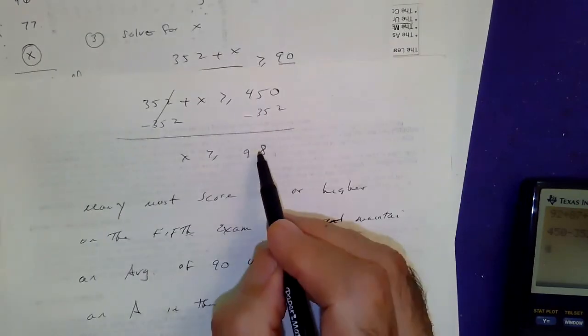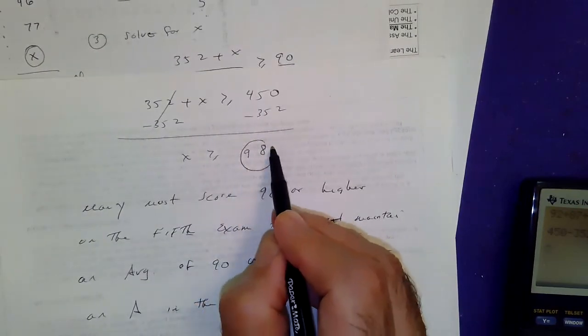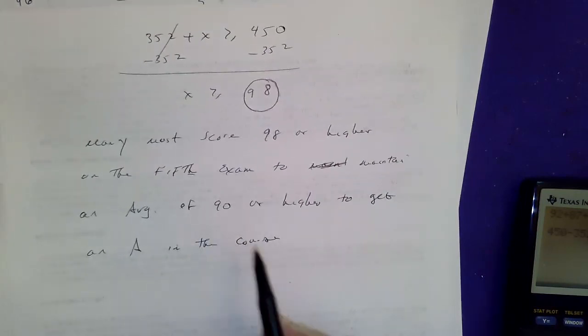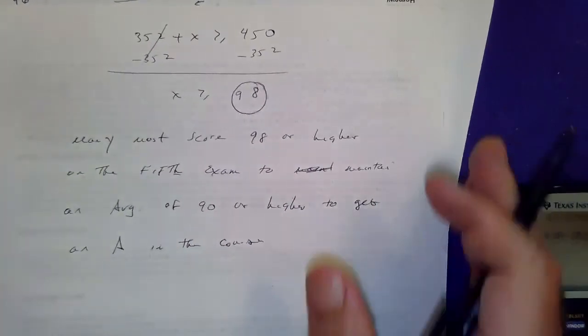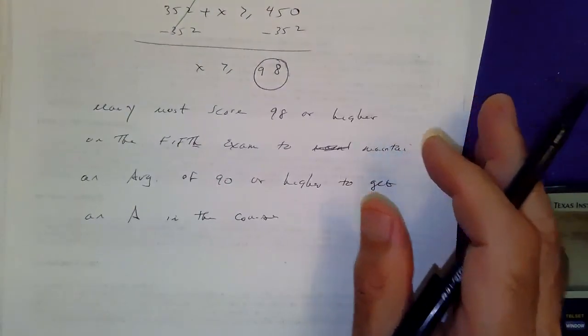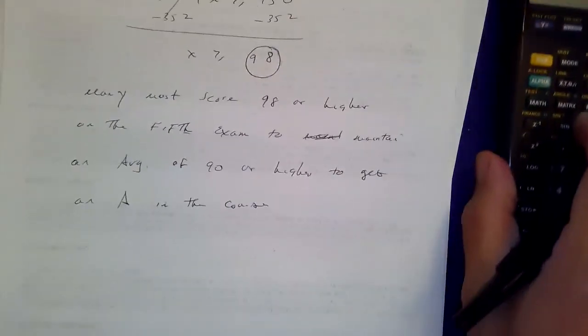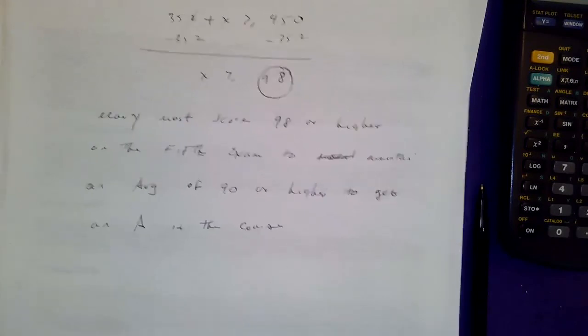So the minimum score that she has to get on the 5th exam to maintain an A average is 98. And that's pretty much how you do that problem. Thank you.